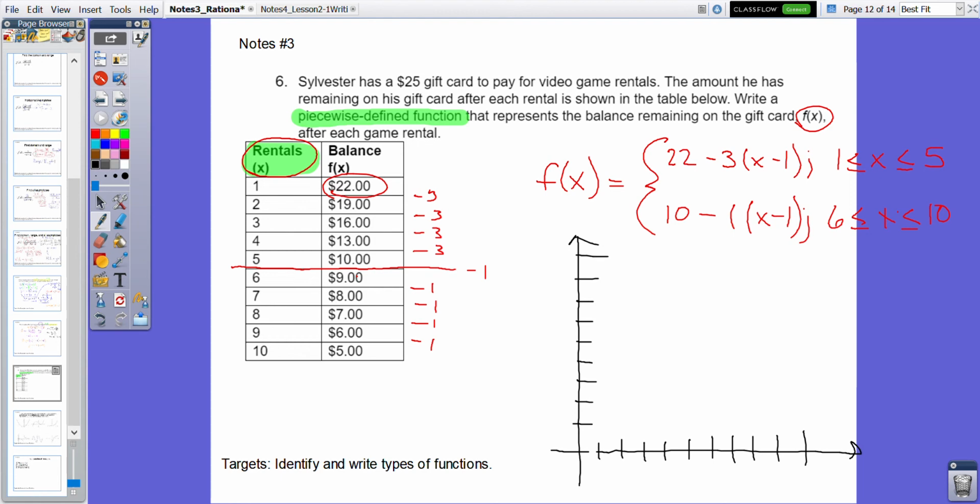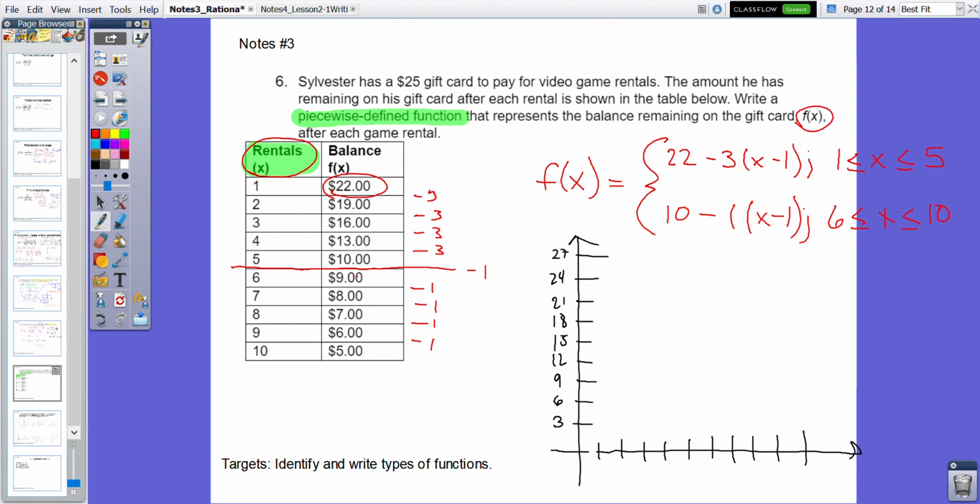Okay, so at 0 rentals, so once again, I'll put this up here. So 3, 6, 9, 12, 15, 18, 21, 24, 27. Okay, so now, I'm going to make this a little bit bigger here so we can illustrate it a little bit better.